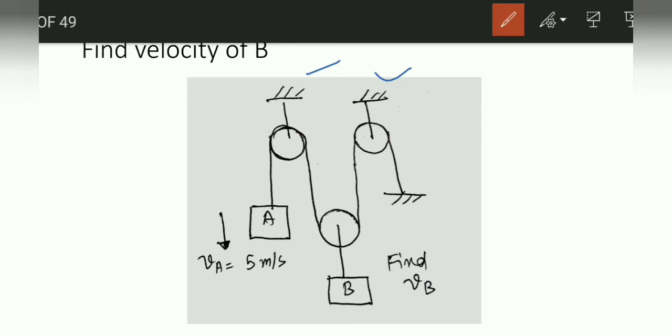Our first task is to identify the contact points. This is a contact point, this is a contact point, this one and this one. We'll number them 1, 2, 3, 4, 5, 6, 7, and 8.